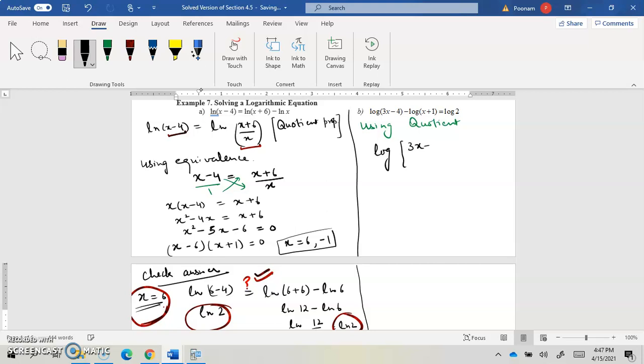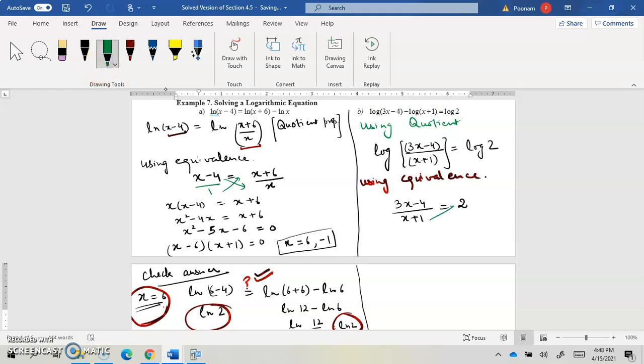This can be written as 3x minus 4 divided by x plus 1 using the log property. Now, both sides are 1 log and they are common logs. So using equivalence, we have 3x minus 4 divided by x plus 1 is equal to 2.